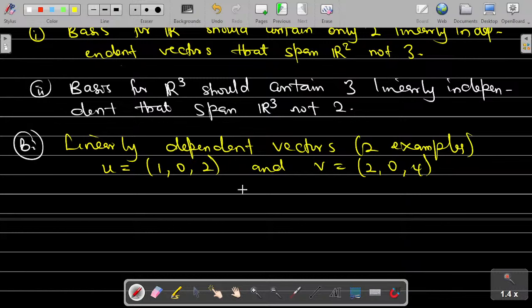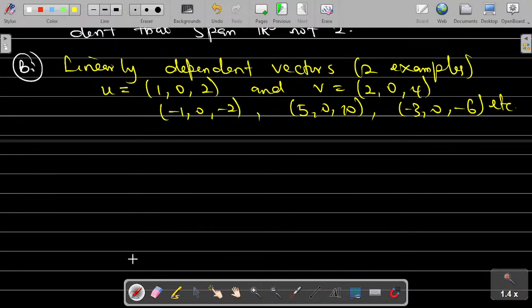Another person can multiply by -1 to get (-1, 0, -2), or by 5 to get (5, 0, 10), or by a negative number like -3 to get (-3, 0, -6), and so on. So just put up any vector, and then take a multiple of it. That will give you 2 vectors that are linearly dependent.